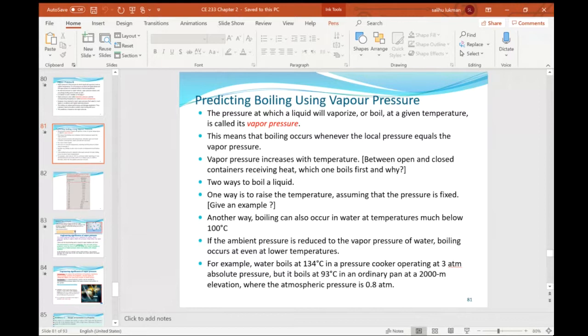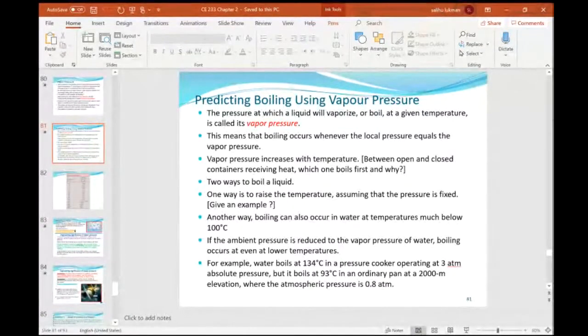The covered one will exert more vapor pressure, and once it has more vapor pressure, it can quickly reach the atmospheric pressure, which is the condition for boiling to occur. This is the reason why closed containers usually boil faster than open containers: in closed containers vapor is trapped, hence it exerts more vapor pressure, while in open containers the molecules escape, hence it exerts less vapor pressure.